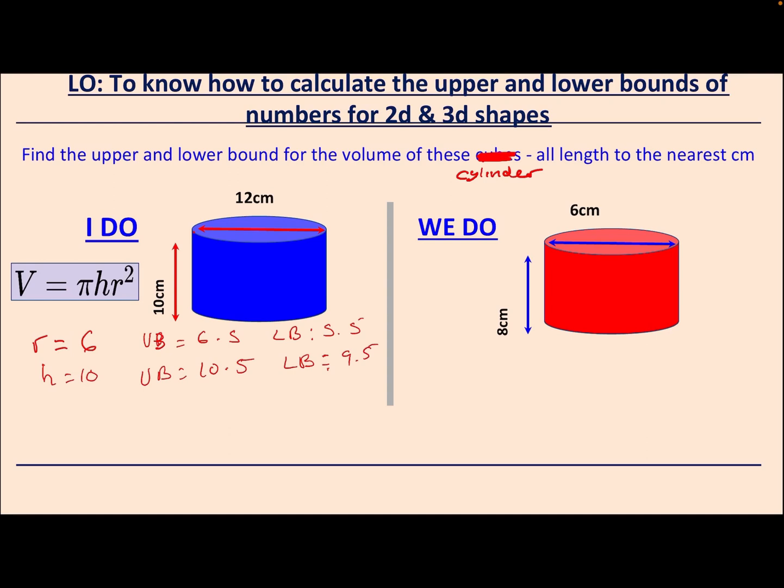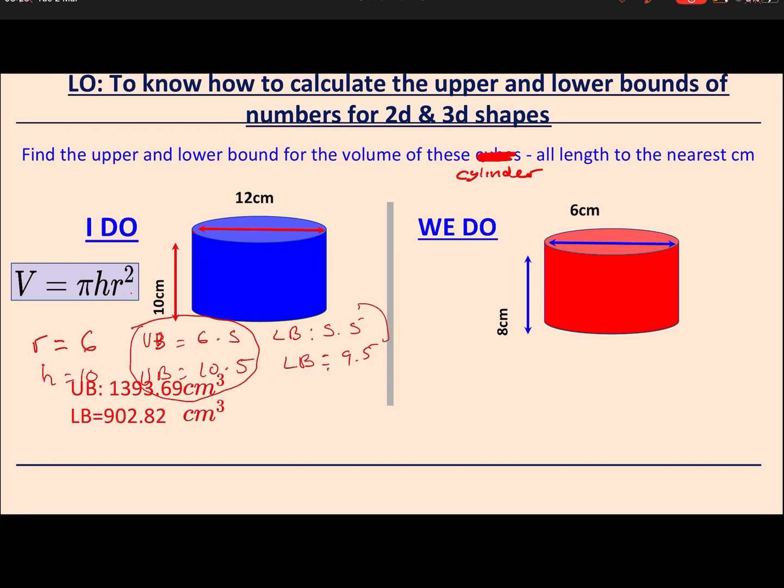We're now going to sub it into this equation and work out what the upper bound and lower bound volume is. Okay, so for us to find out the upper bound volume, we're going to be using these lengths to calculate the upper bound volume, and then to find out the lower bound volume, we're going to be using these lengths here. Okay, so our answer is as followed.